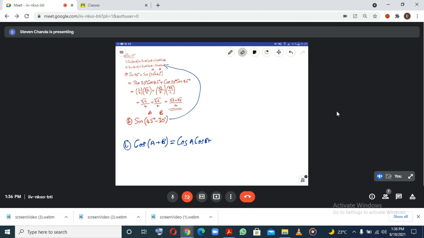Oh, sorry, I forgot something. The only tricky part for this one is, unlike the sine where when it's positive in the bracket, it's also positive. Oh, sorry, pardon me.